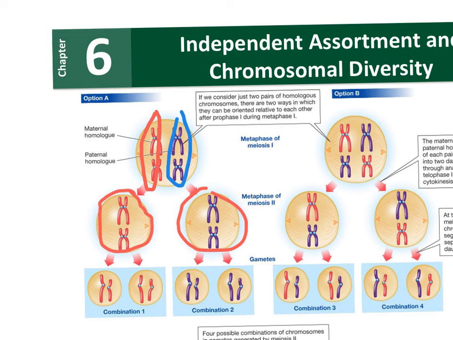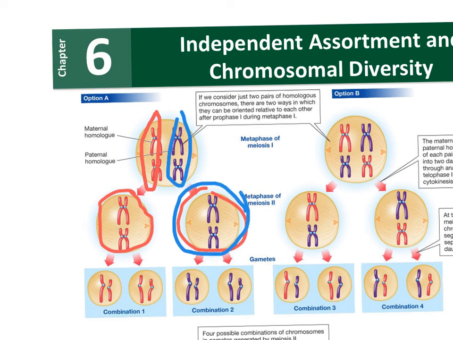And they can go either way. So in meiosis 1, you can have a homologous pair of maternal chromosomes, like here, or a homologous set of paternal chromosomes, like here. Okay?